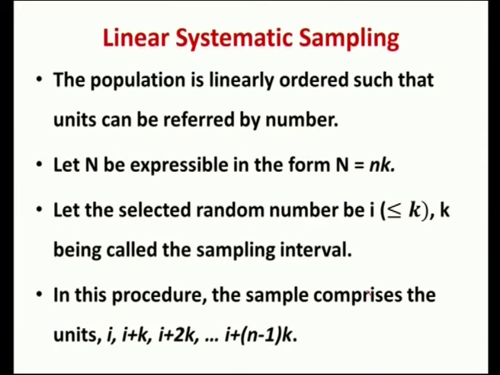We have two sample selection procedures under systematic sampling, linear systematic sampling and circular systematic sampling. In linear systematic sampling, the population is linearly ordered such that units can be referred to by number. Let the population size capital N be expressible in the form nk, and let the selected random number be i, which is less than or equal to k, k being called the sampling interval. In this procedure, the sample comprises the units i, i plus k, i plus 2k and so on, up to i plus (n minus 1)k.